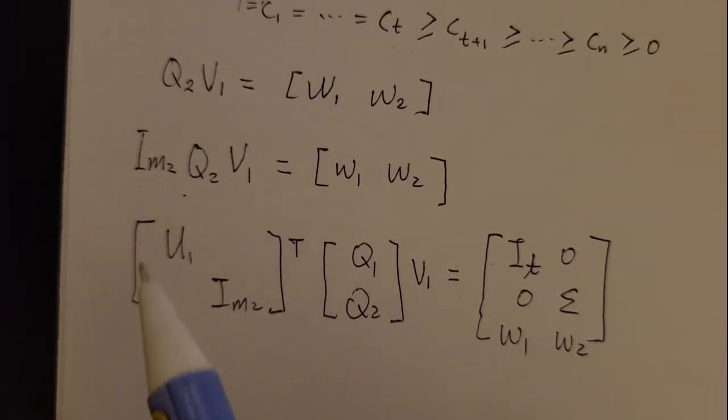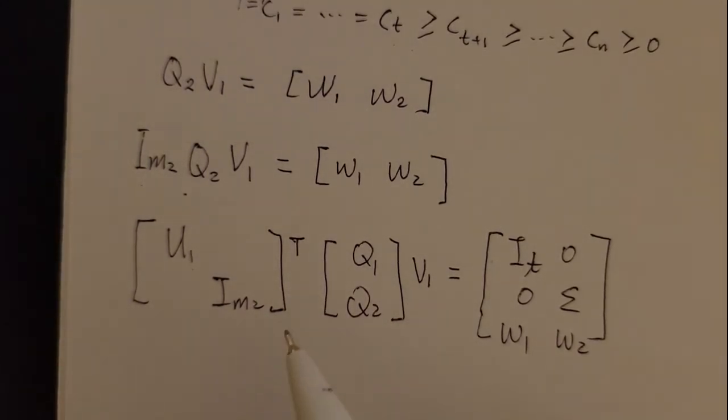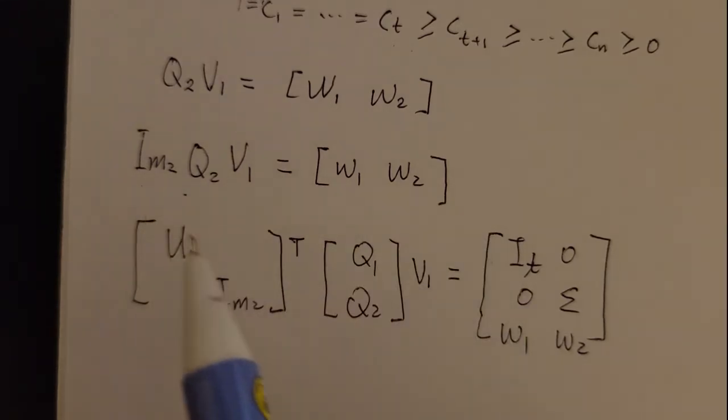So we can wrap these two together as one matrix, and then Q2 goes right below Q1, and that is multiplied by V1, which gives us W1 and W2. So basically this part is added right below here.